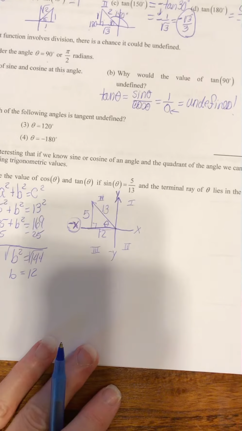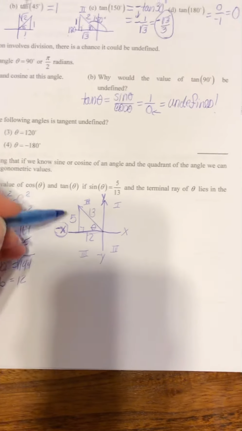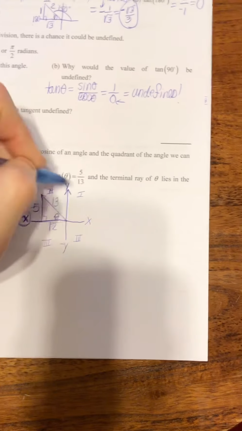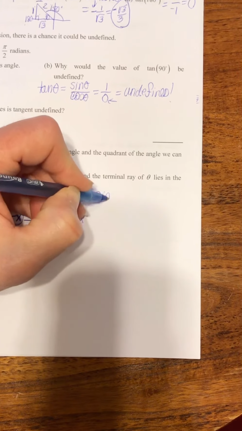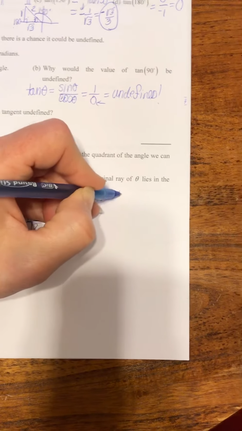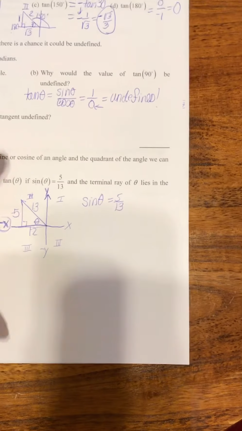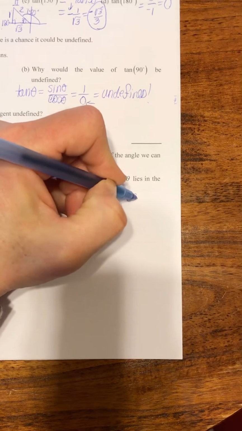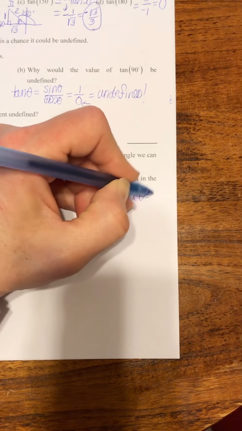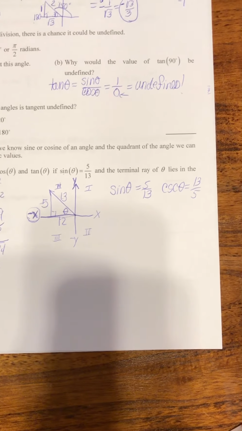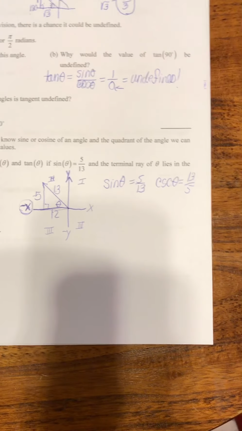So now let's find the value of our functions from this picture. We now have the sine again. I'm just going to rewrite it. The sine of theta was 5/13. That was given to me. So that now gives me cosecant theta of 13/5. So if you can have a fraction, you can flip it. I have all the faith in you.